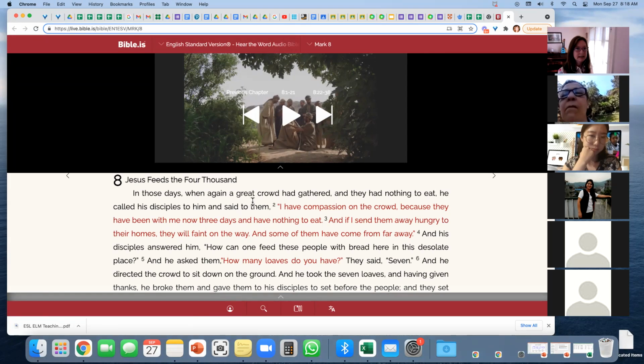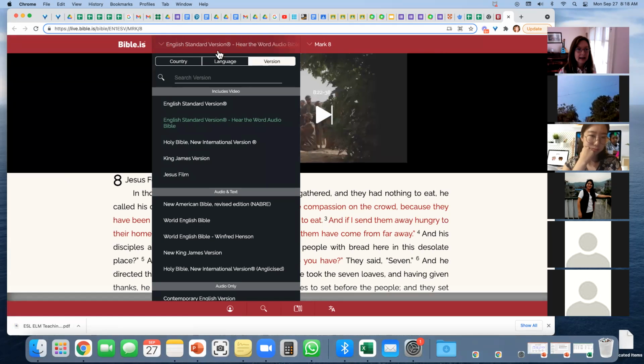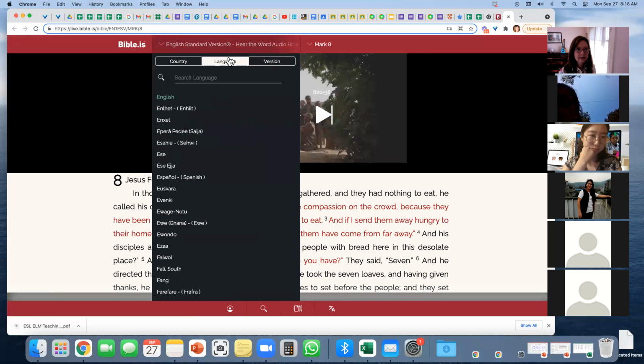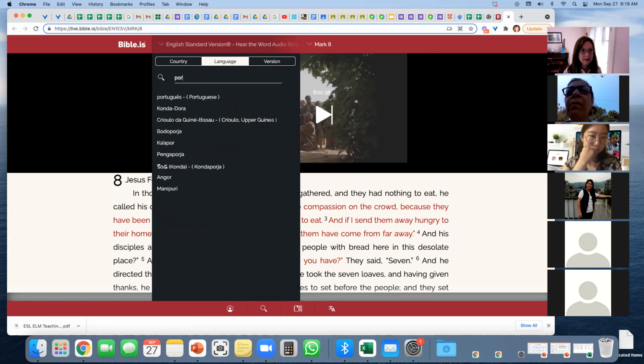So for example, this one takes us to Mark chapter 8. And you can see right now it's in English, but students can just click here, choose language, and then they will be able to read it in their own language.